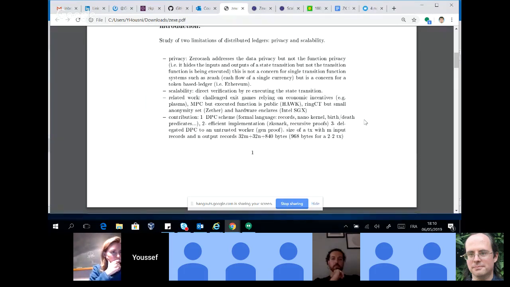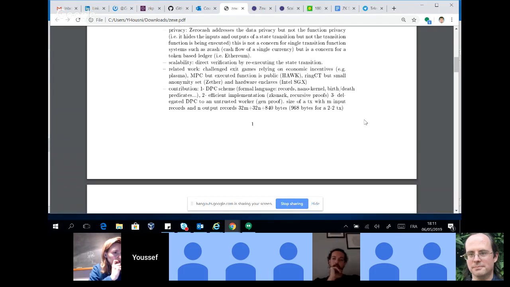When you want to generate a proof, you can delegate it to some untrusted worker. The size of the transaction, if you have M inputs and N outputs, is 32 times M plus 32 times N plus a constant of 840, so 968 bytes for a two-input two-output transaction.